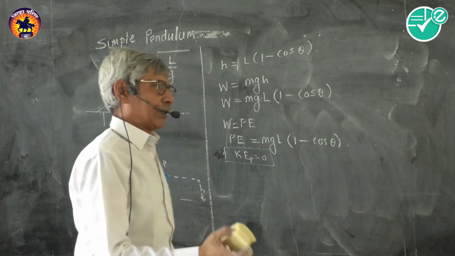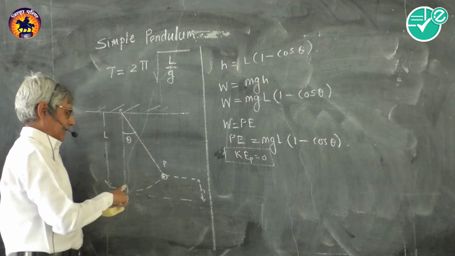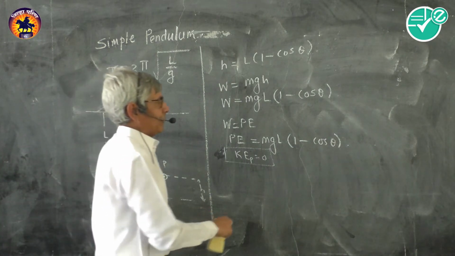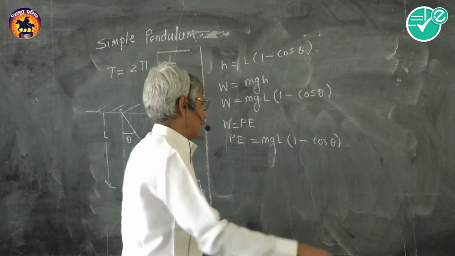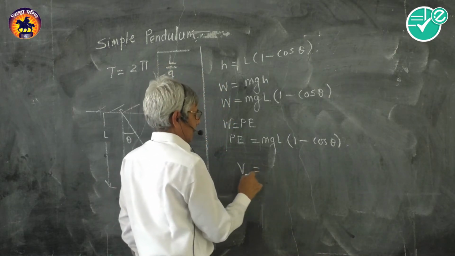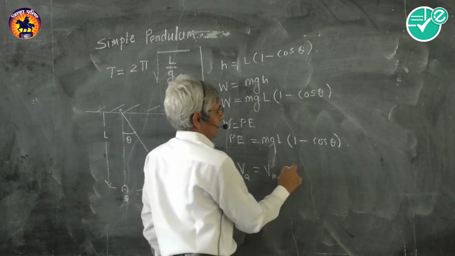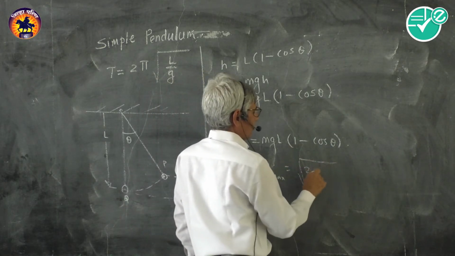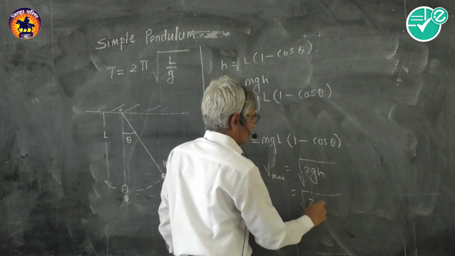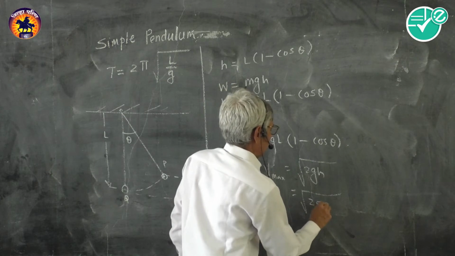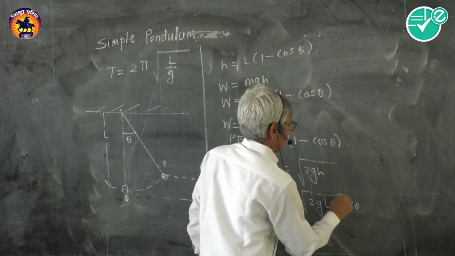And the velocity which is obtained by the particle when it is at the lowest position, that is at the mean position or equilibrium position, is given by V at Q. This will be V max, which is equal to under root 2gh, or is equal to under root 2 in the bracket g into L into 1 minus cos theta.